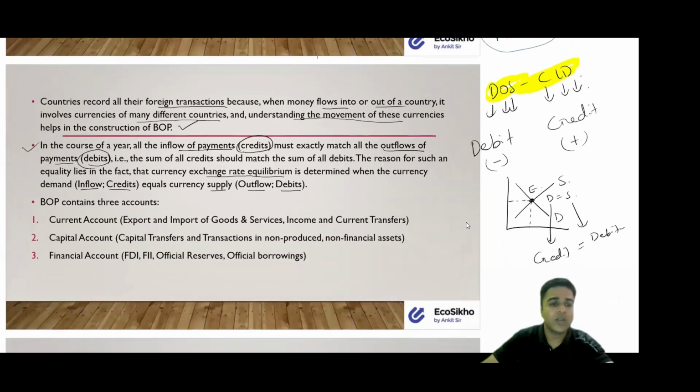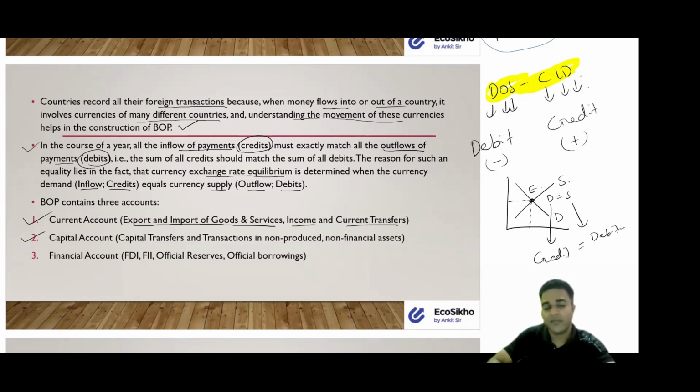So let us talk about three different types of account that we record under BOP. The first type of account is known as the current account, which usually contains the export and import of goods and services, the income, and the current transfers. Then there is the capital account, which is a relatively unimportant account.